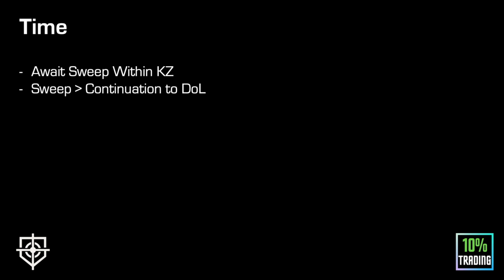Now for a second, I want you guys to ignore offset accumulation distribution. We'll come back to that. What do I mean by a sweep? If a day is a bearish day and my bias is bearish, where do I want my London to go? I want my London Judas swing to be bullish. Just try and visualize this when I say it.